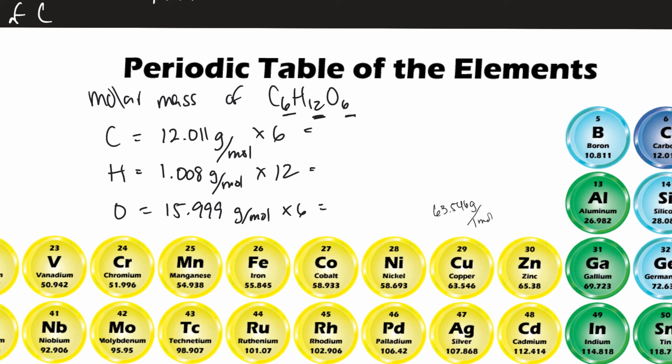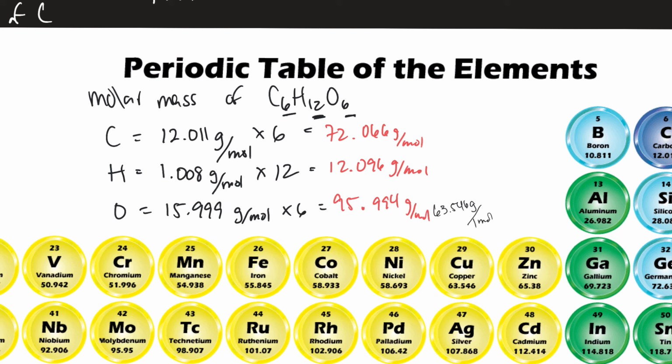When you take 12.011 grams per mole times 6, the total mass of carbon is 72.066 grams per mole. For hydrogen, 1.008 times 12, the total mass is 12.096 grams per mole. And lastly, for oxygen, when we multiply that number by 6, we get 95.994 grams per mole.